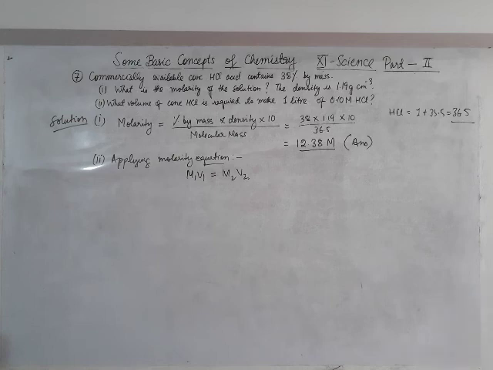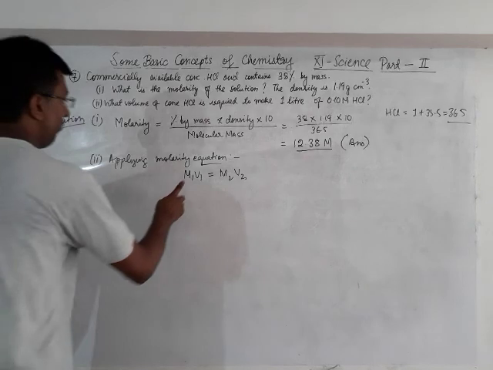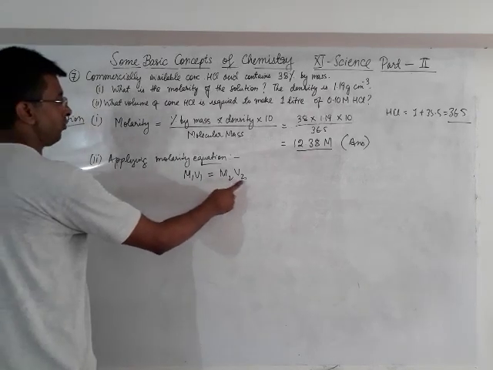So, here we have to apply the molarity equation which is given on the board. M1V1 is equal to M2V2. Have a look at it very carefully and try to figure out in your mind what is going to be the next working. Now you can see over here the molarity equation. M1V1 is equal to M2V2.